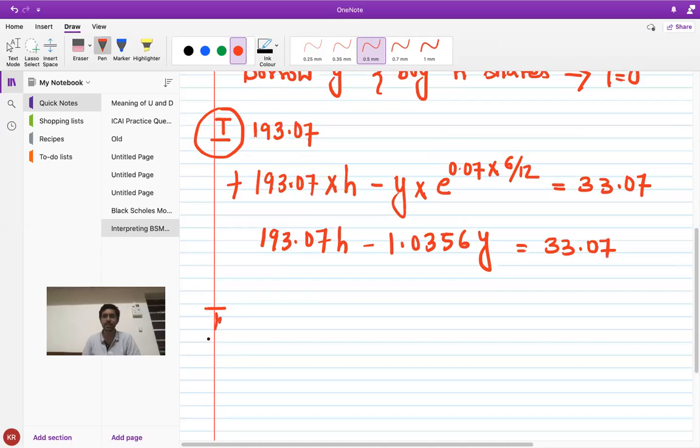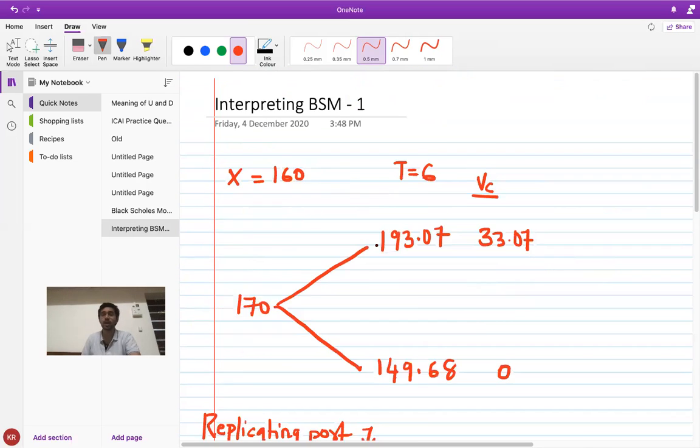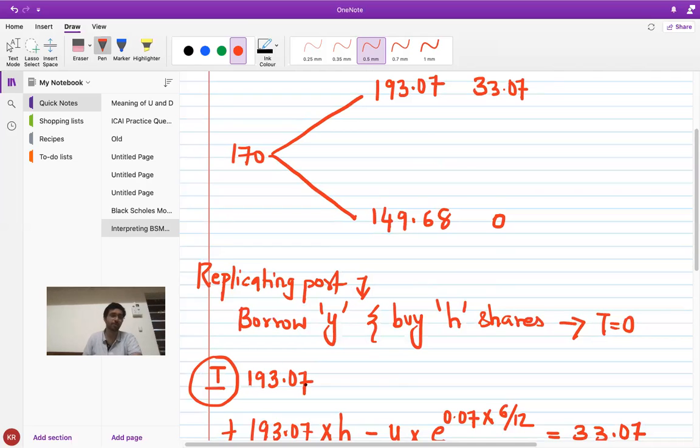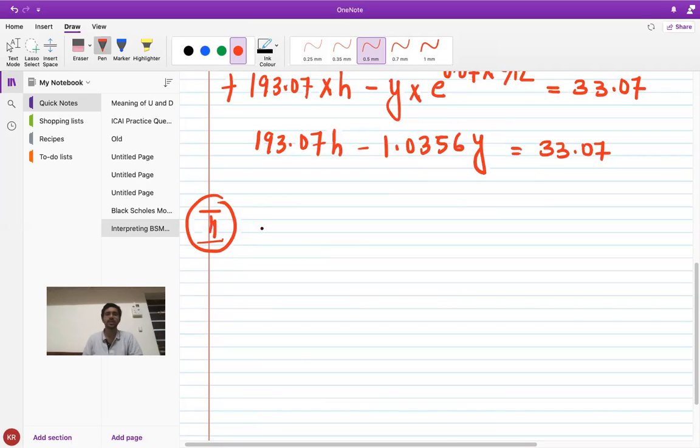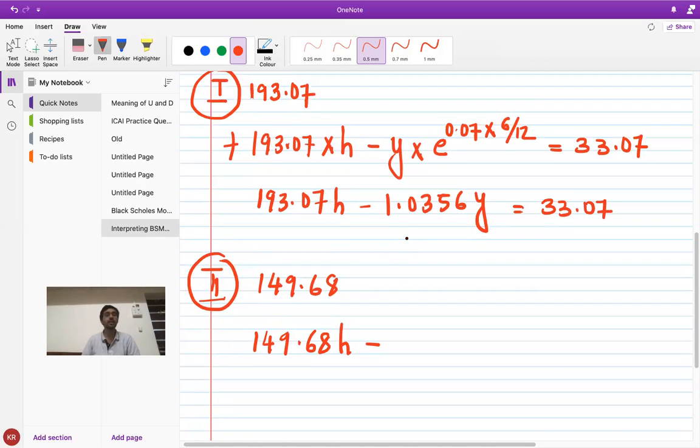Now I have a second situation where the share price could also be 149.68. I'm not certain that the share price is always going to be 193. There is a second possibility that the share price can be 149.68. What will then happen is when I sell H shares, I will receive a cash inflow of 149.68 into H. Then I will have to repay the same borrowings, and my maturity value of the borrowings is going to be the same as above, which is Y into e power 0.07 into 6 by 12.